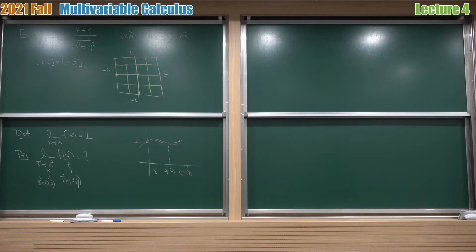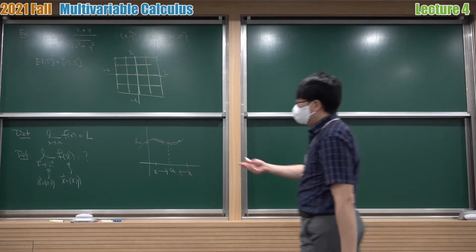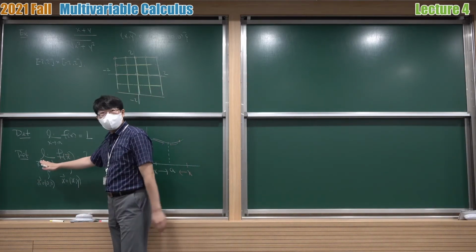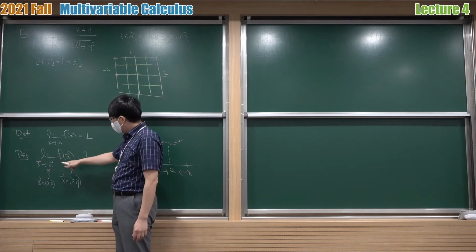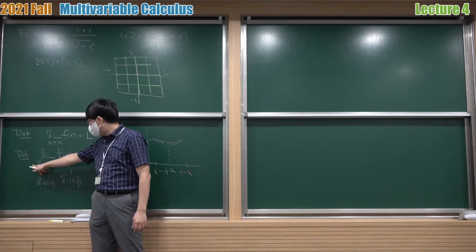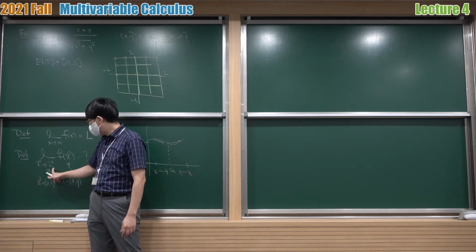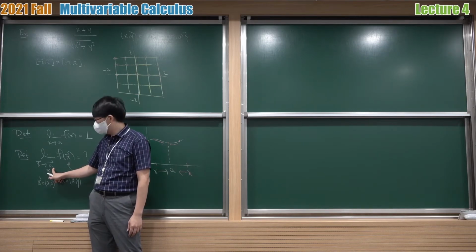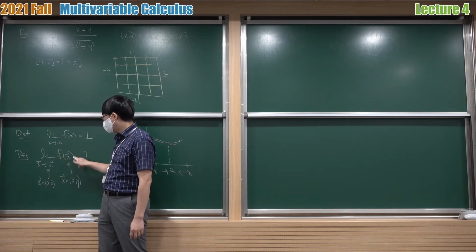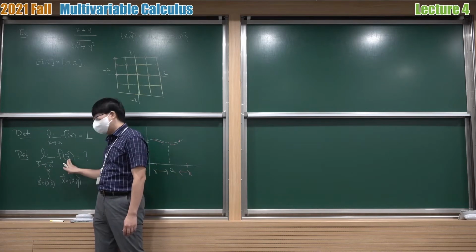Actually, Junu said the essence of the definition of limit for a multivariable function. What he said was we need to consider how this x vector approaches the a vector first. And then we have to look at the value at each of these x.